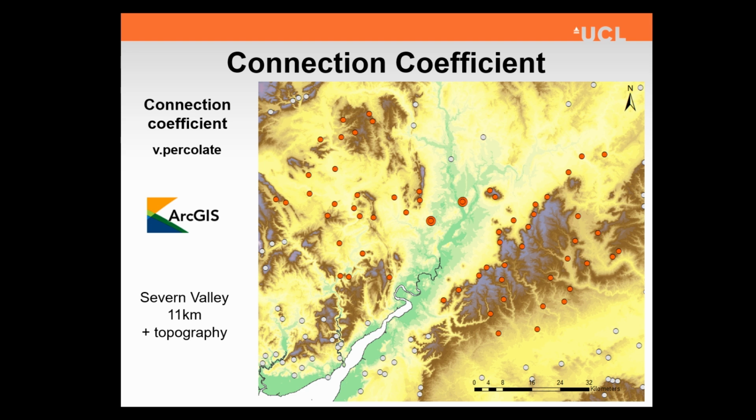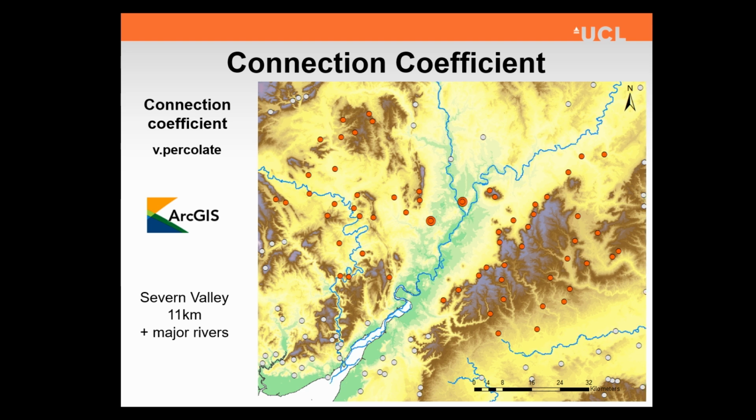This is the Cotswolds, and we've got sites up here in parts of Gloucestershire and Herefordshire. But our two sites are sitting down in the valley. If we put rivers on there, again, this begins to look really interesting. One of our key sites is right at the conjunction of the Severn and the Avon rivers. So this is beginning to look as though our parameters picked out something of quite some interest there.